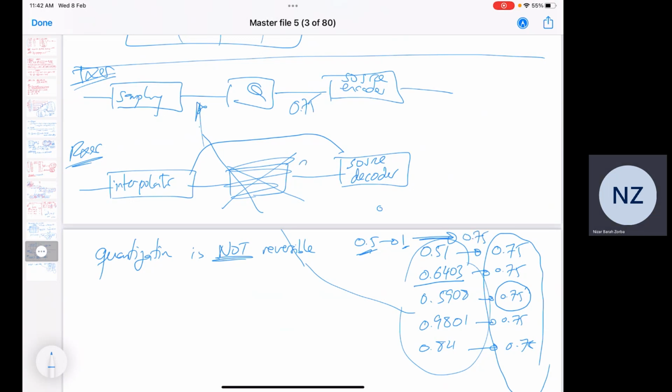Then at the receiver, I will receive 0.75. Is there a way to know what the original one was? This is why I say it is not reversible. The error that you make in the quantization will continue through the whole system, and you cannot get rid of it. Whatever you do, there is no way to know what the original one was.